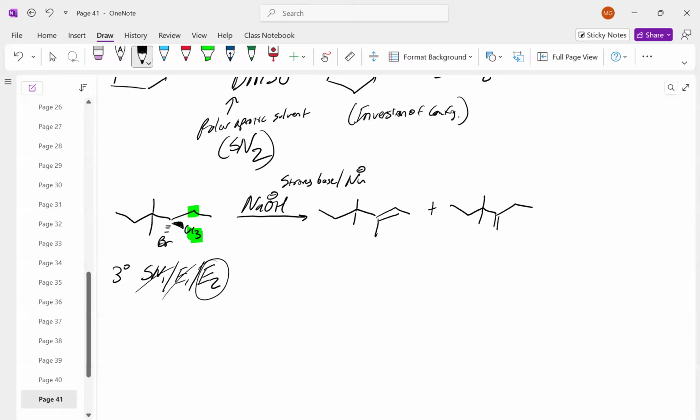There's one more possibility. You say, wait a second, there's only two beta hydrogens. Yep, we drew pulling one beta hydrogen off or the other. But what about the orientation around this double bond right here? That is a different stereoisomer than this one.